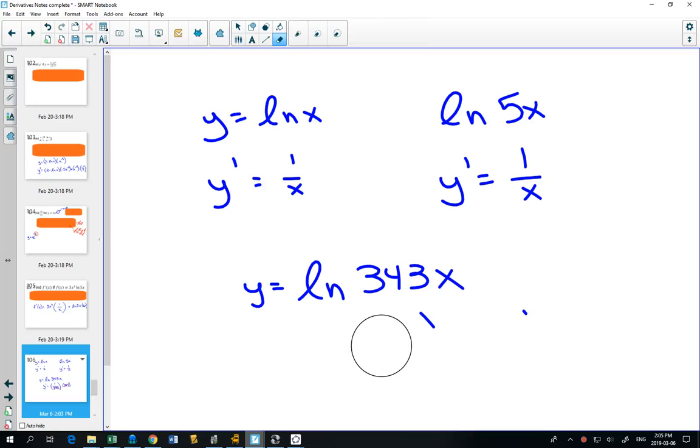So I can't use this, but I still want to show why the derivative is 1 over x. No chain rules allowed. And you can't say, well, I used the chain rule with the numbers 1 up to 342, and they all worked, so 343 has to work as well.